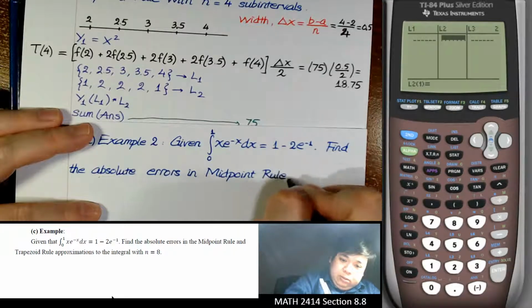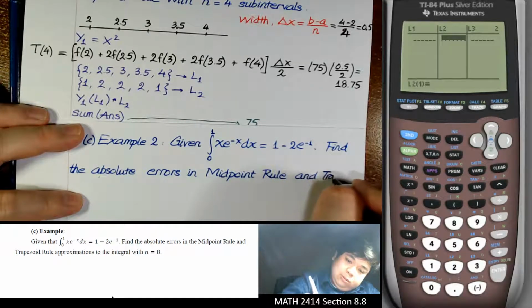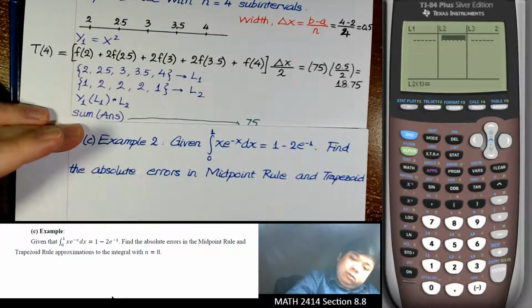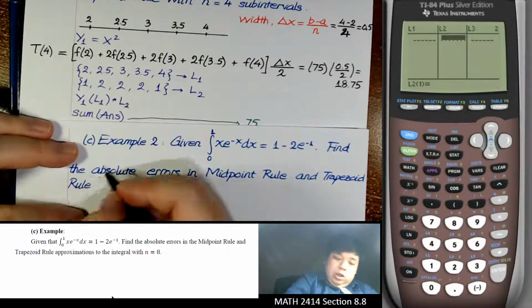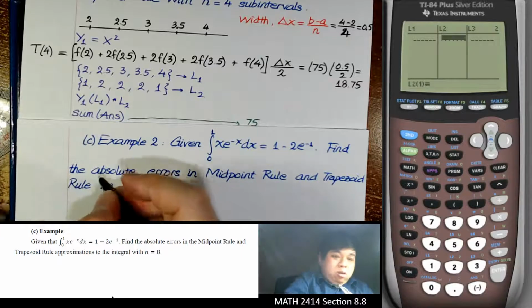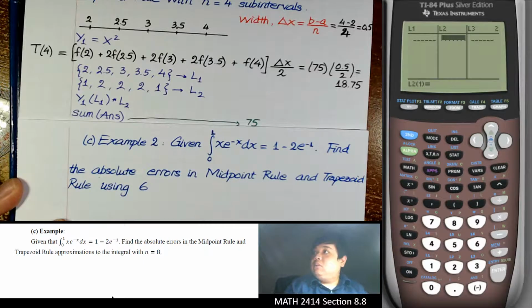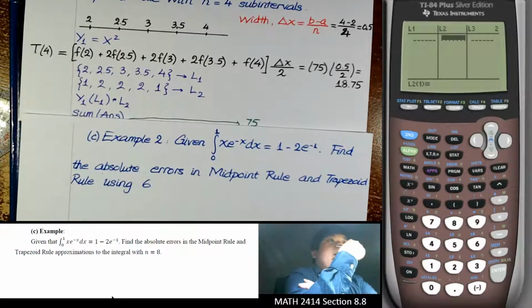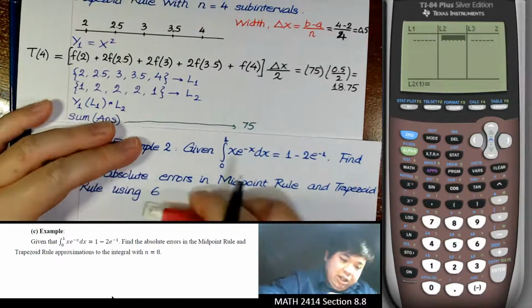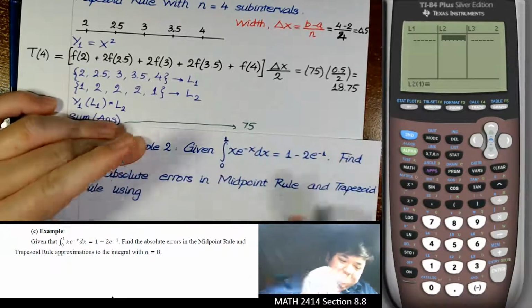Midpoint Rule and Trapezoid Rule. Using, instead of 8 like in the prompt, let's just use 6. Six might not divide evenly, so let's use 5. Let's use 5 rectangles, 5 subintervals.